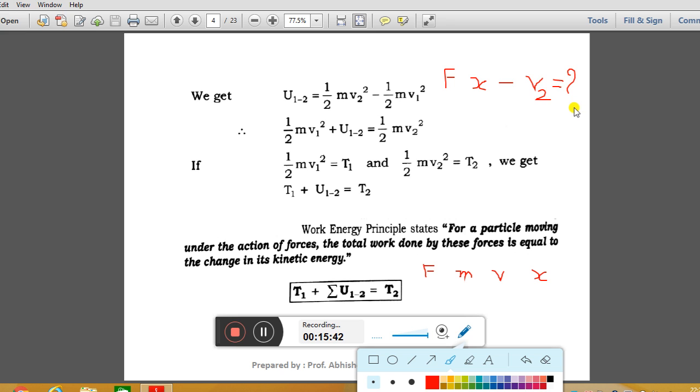And in some cases, knowing the initial and final velocity and the active forces, we can find the displacement of the particle.